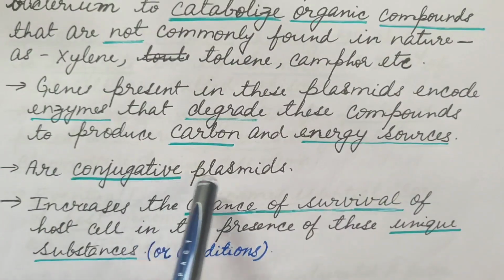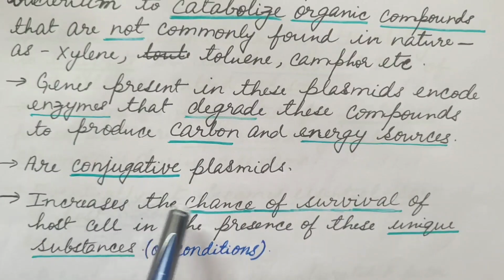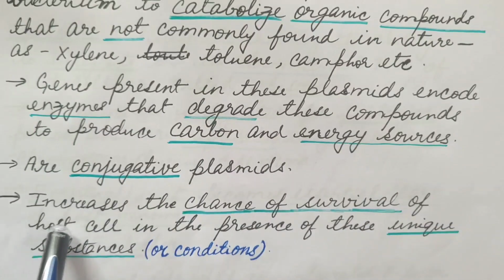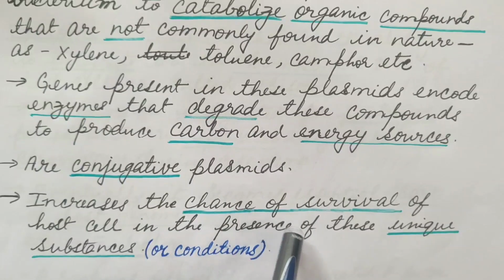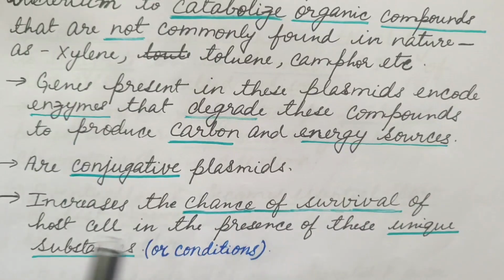These are also conjugative plasmids. Degradative plasmids increase the chance of survival of host cell in the presence of these unique substances or unique conditions.